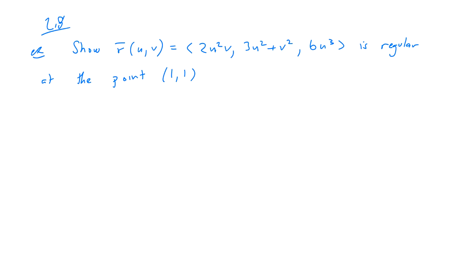And so the basic pieces are, we need that the derivative is defined at and near 1, 1, and we need that when you plug it in, the two partial derivatives are linearly independent. So there's sort of a third part, but that doesn't really come up much.